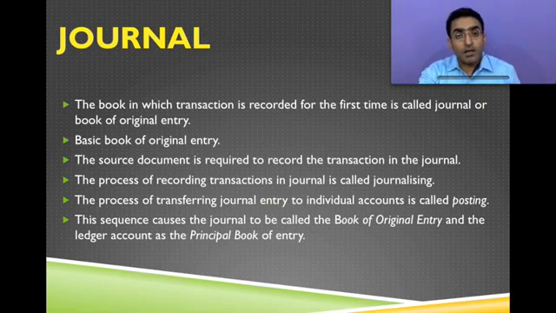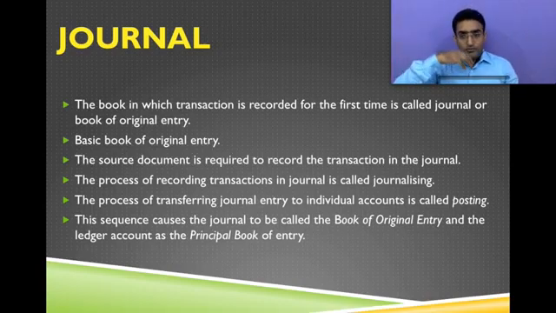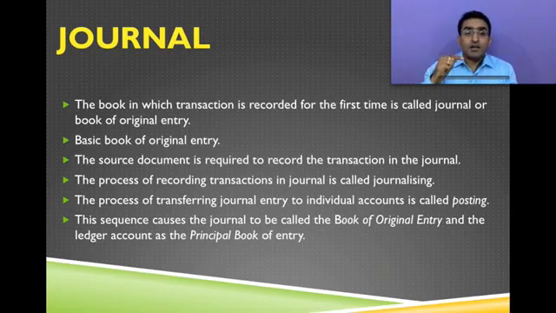What do we call it? Yes, journalizing. And because of the sequence that first we record in the journal, then we move further to the ledgers, journal is the book of original entry and ledger is the book of primary entry or the principal entry.